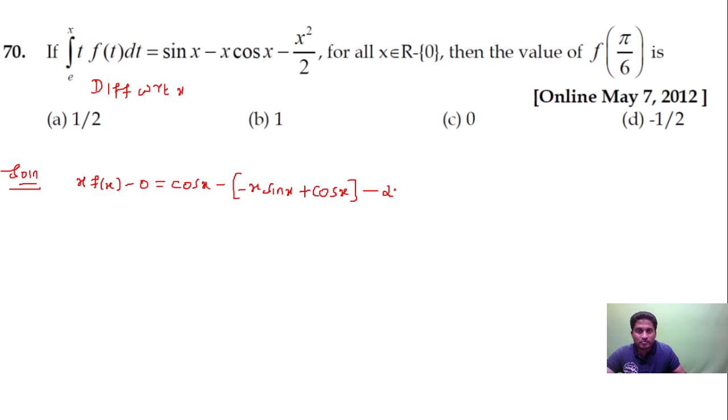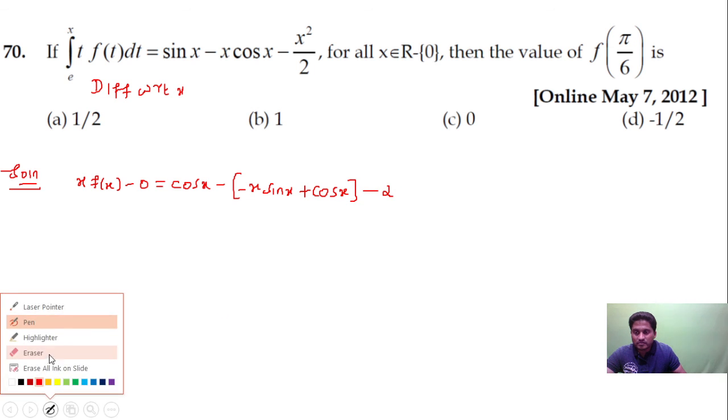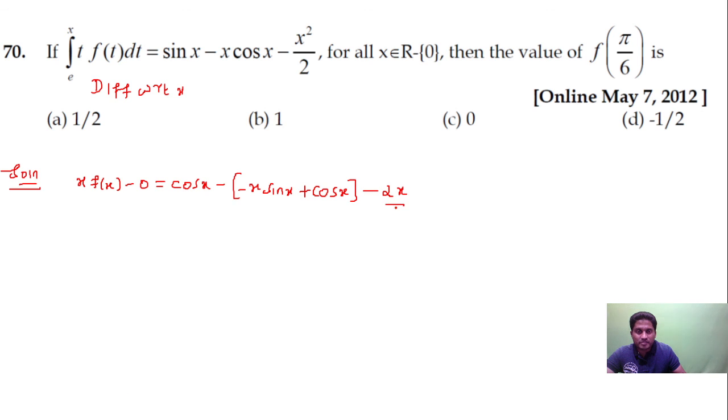Differentiation of x square by 2 is x. You get 2x by 2, so you get only x now. So x into f of x is equal to cos x, minus and minus is plus, you get x into sin x, minus cos x, and minus pi.